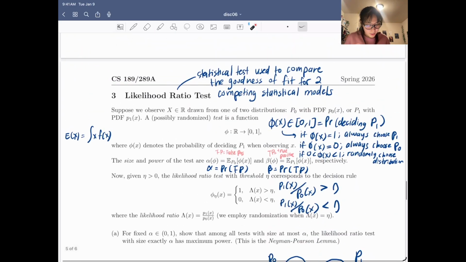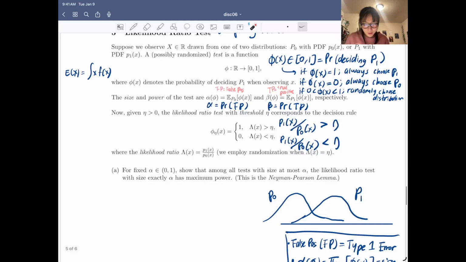And so, again, remember we defined any randomized test as this function phi, which outputs some number between 0 and 1 and tells us the probability of deciding that some x came from the P1 distribution. Then we have this very specific likelihood ratio test that says if P1 of x divided by P0 of x is greater than some threshold, then the probability of deciding P1 is 1.